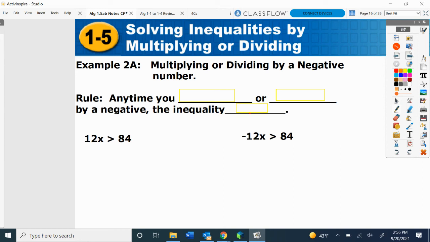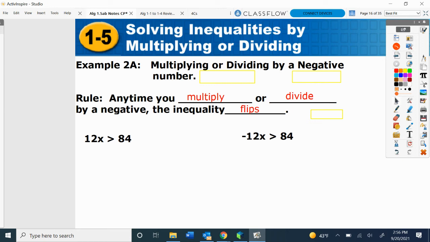All right, now there's a small little math rule that we got to remember, and it happens when we're dealing with inequalities, anytime you multiply or divide by a negative number. When that happens, your inequality symbol is going to flip and point the other way.